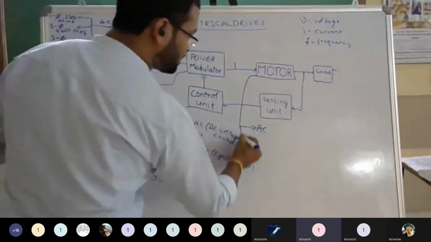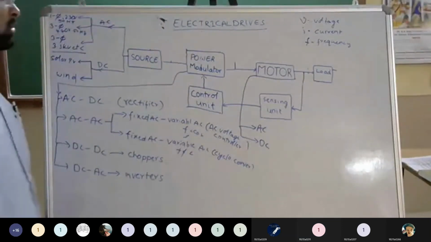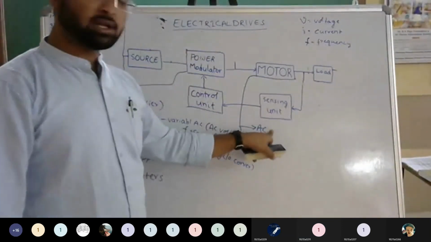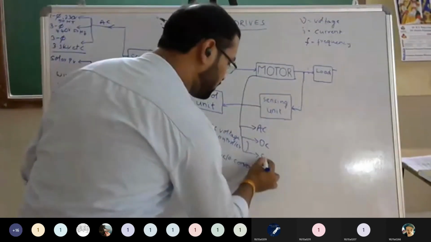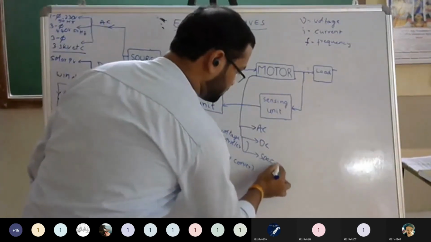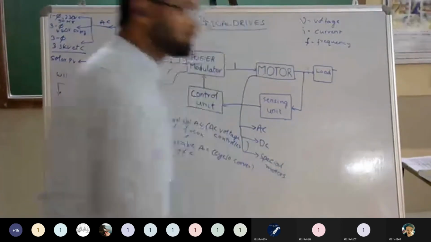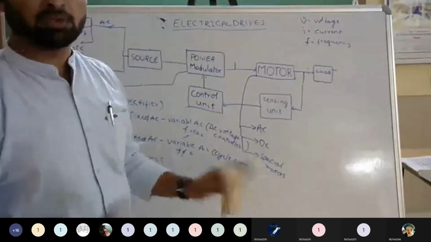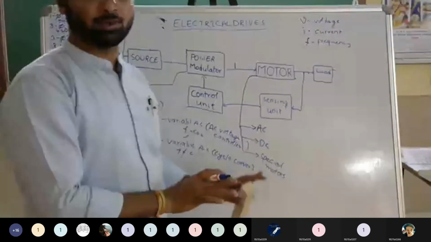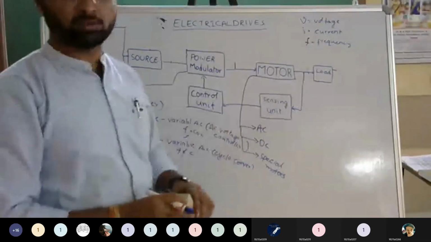In DC itself, series, shunt, compound will come, right? So we have AC motors, we have DC motors, and also we have special motors. Don't ask, sir, whether these are not run with AC or DC, with some special voltage. No, they will run with AC or DC only. But the operation is different from AC motors and DC motors.